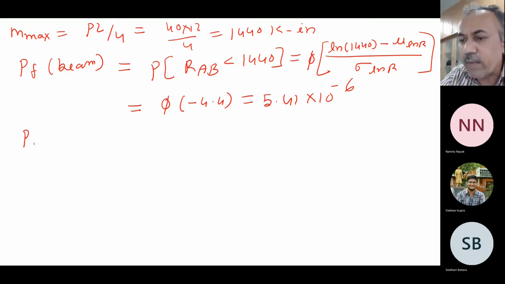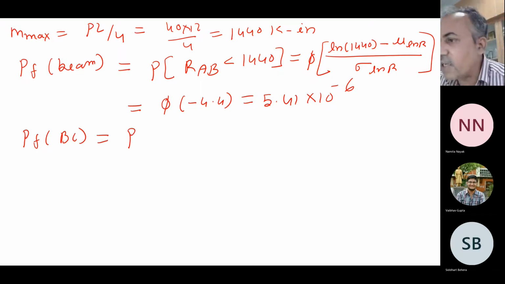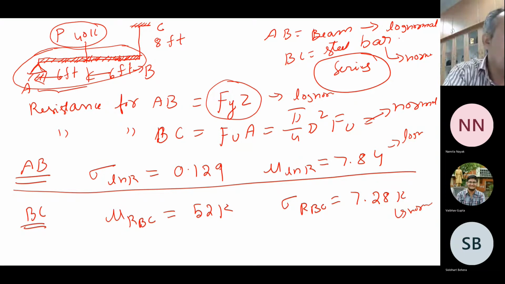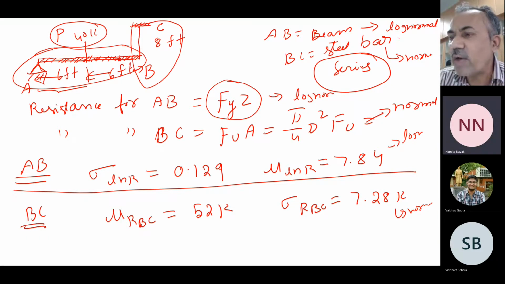Now for the bar BC, this is a normal distribution. Now what is the failure for the bar? See, it is a steel bar. So what is the failure criterion for the bar? Axial tension. It is axial load. So how much is the load coming on the bar BC? The load is 40 here, so 20.